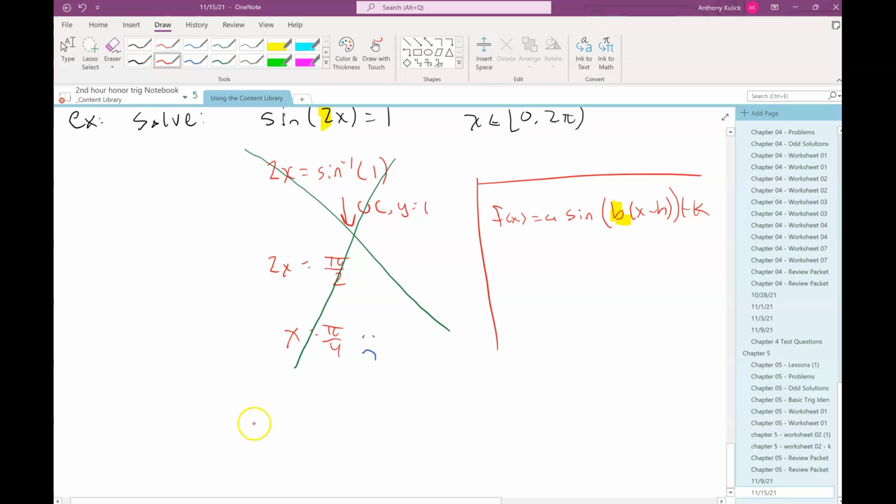So we'd approach this the same way. We go to the unit circle, retrieve where the y coordinate is 1. But instead of just writing 2x is equal to pi over 2, we're going to write this as the infinite solution.